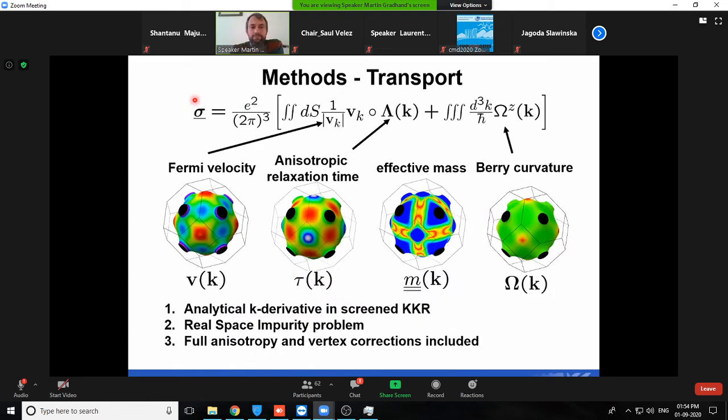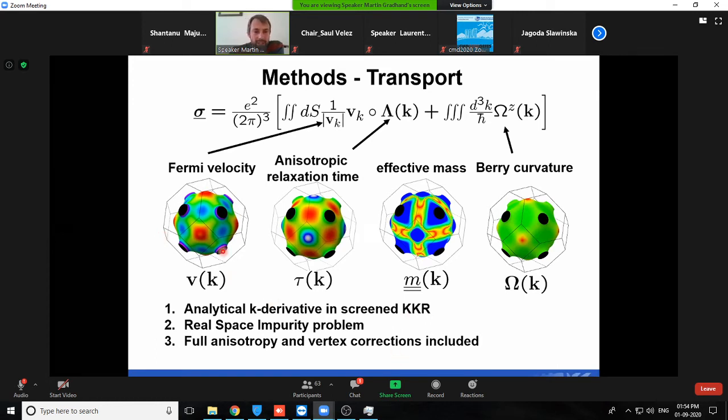So just to put that together, this is the spin conductivity or charge conductivity tensor. This is the extrinsic contribution, which is highlighted here. And this part is the intrinsic contribution. And all those things we can calculate from a fully relativistic density functional theory method, which in our case is the Korringa-Kohn-Rostoker Green's function method.